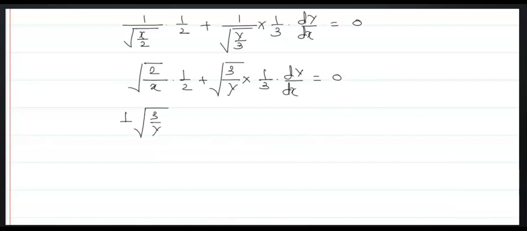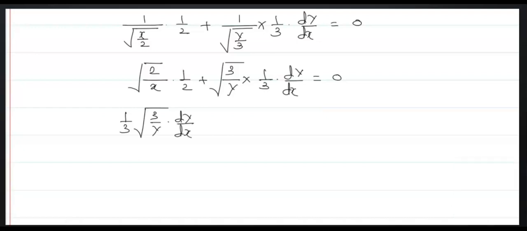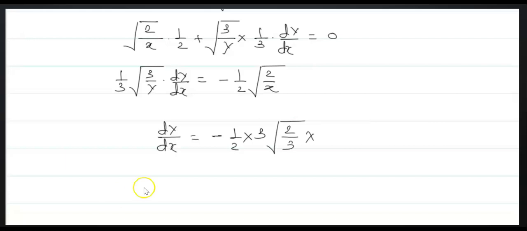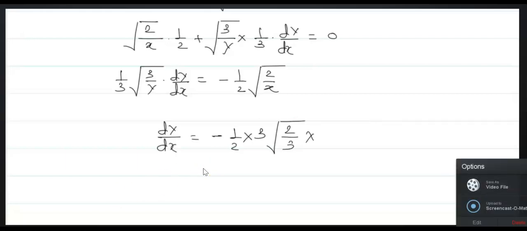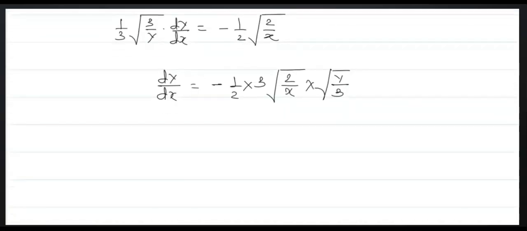That is root of 3 upon y into 1 upon 3 into dy by dx is equals to minus 1 upon 2 root of 2 upon x. Therefore dy by dx is equals to minus 1 upon 2, 3 root of 2 upon x root of y upon root 3.